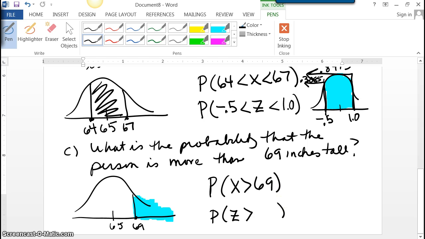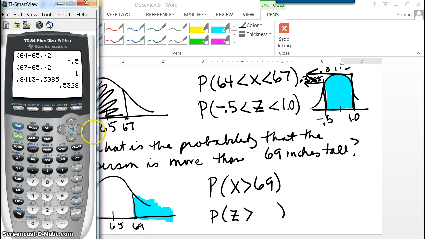I'm going to do that on the calculator. 69 minus the center, which was 65, divided by the standard deviation, which was 2. The z that I'm looking for is a 2.